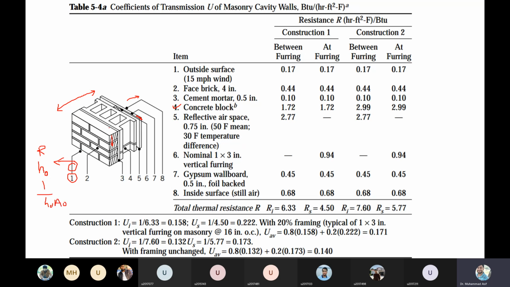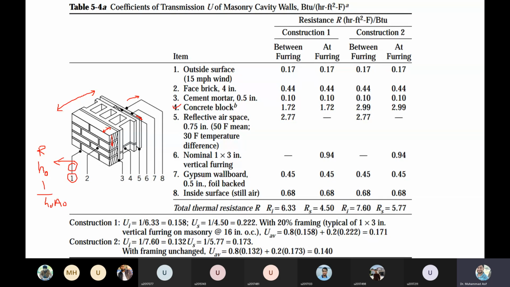And then for brick material, as I showed you, different construction materials have different values of resistance because of conduction. For the brick you can use two methods.